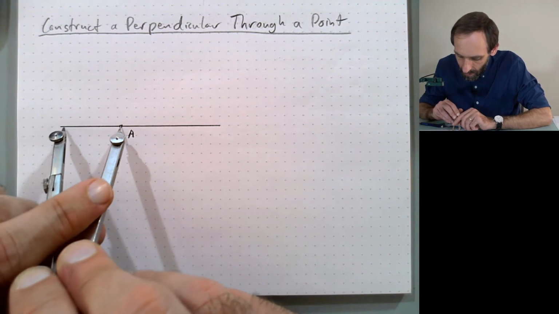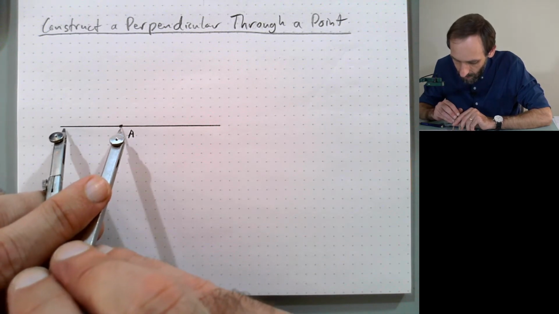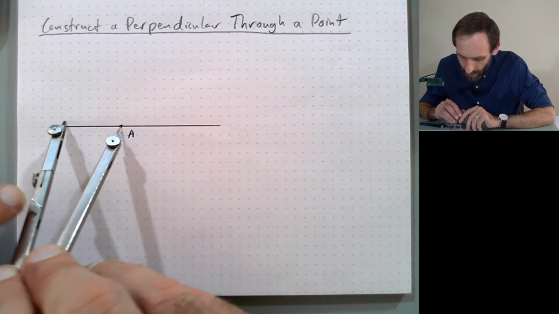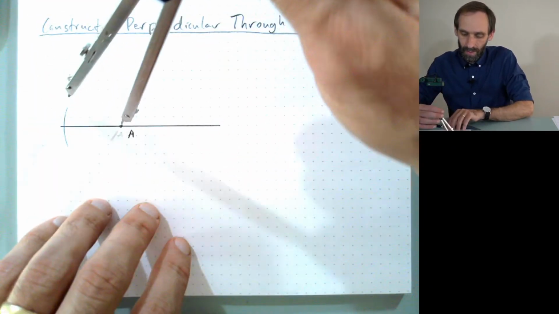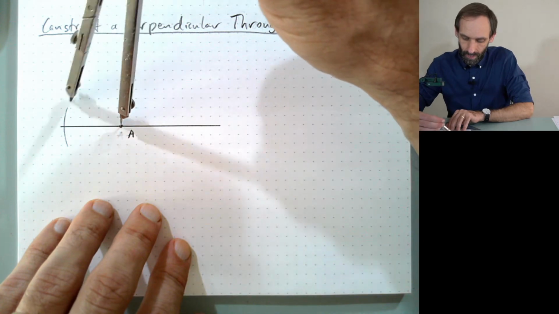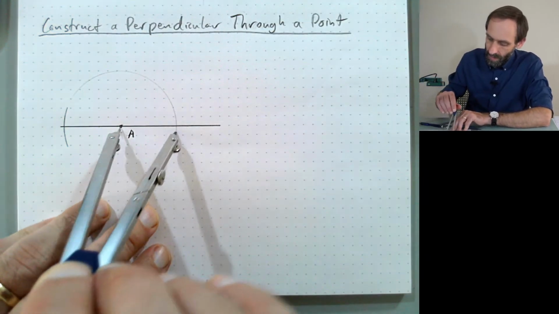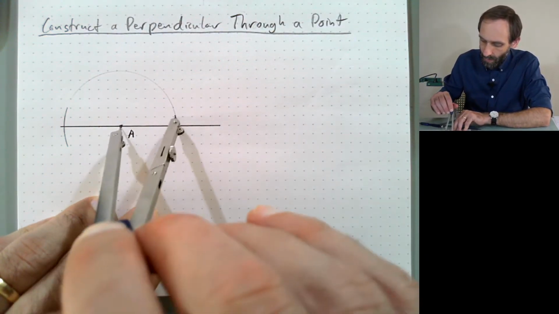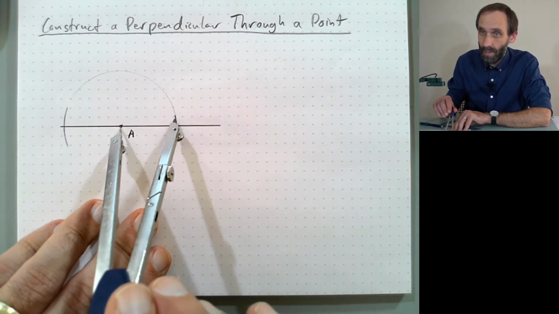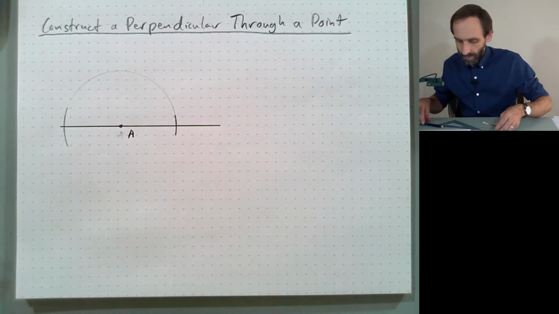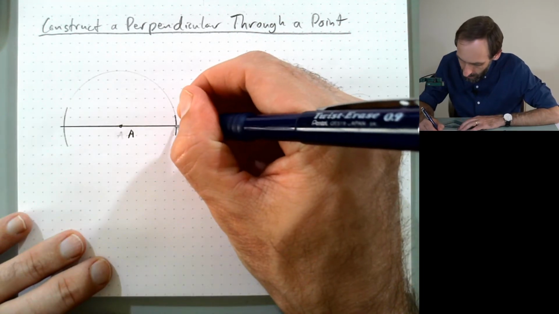So we center the compass at point A, and then we make an arc here, and then we keep the compass at the same setting, and we can continue that arc. But the key is that we need 2 points equidistant from point A, here and there. Okay, so now we have these 2 points.